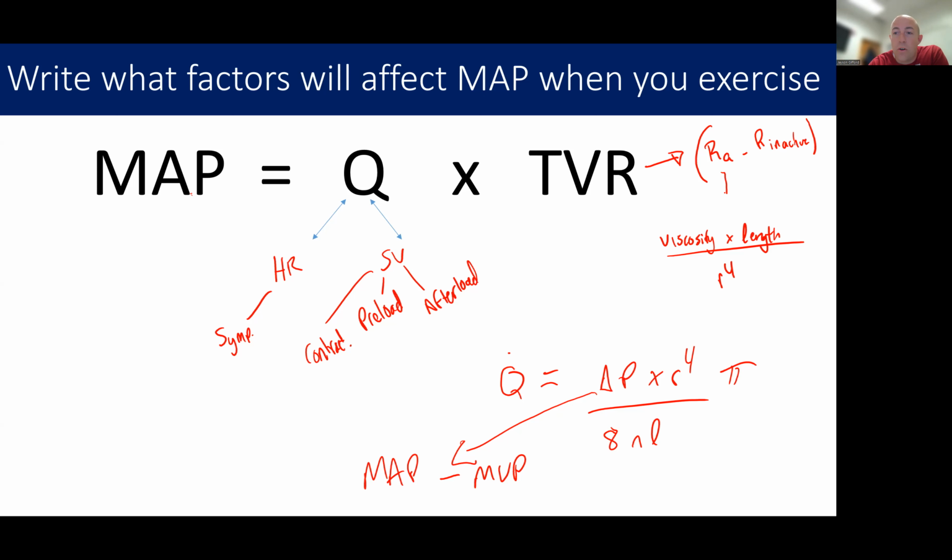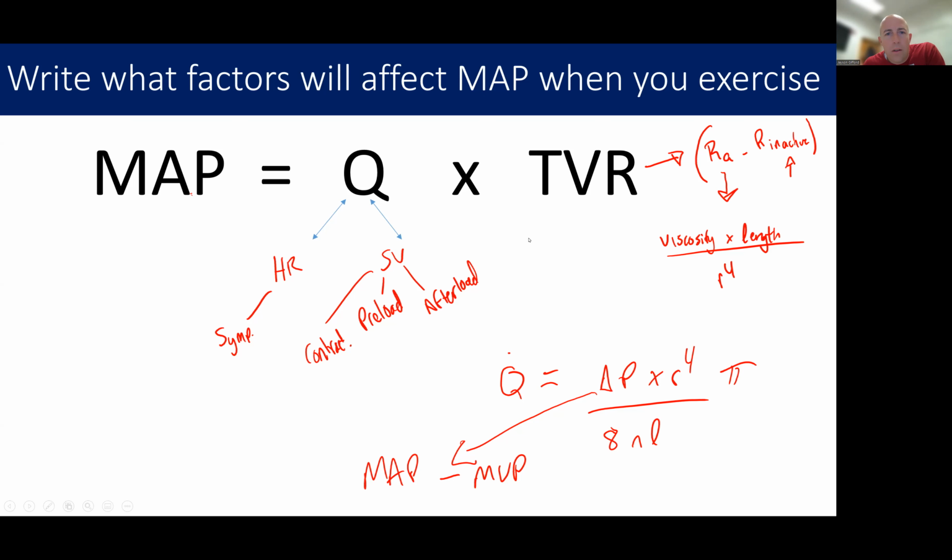So this should go down, but you're going to increase resistance to all the other areas. So overall, you could see an increase in resistance, which will help increase blood flow. So just play with these equations. Make sure you understand them and practice them. This is a really good thing to work on.